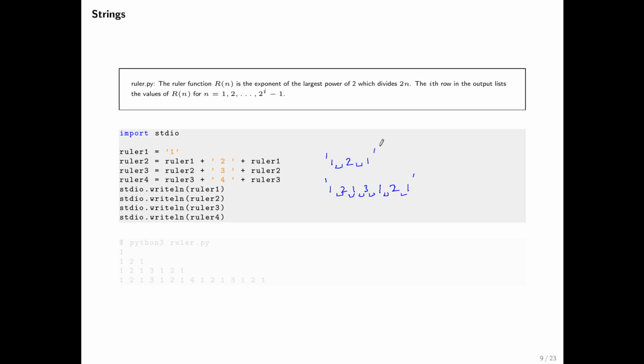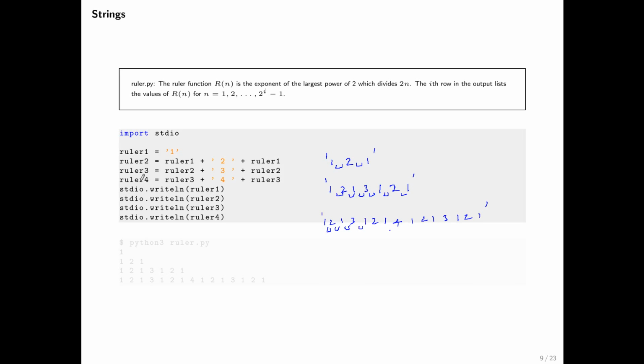So it's basically this guy jammed with this again to give you that. And then we do this once more to define ruler4. That's simply going to be 1 2 1 3 1 2 1 4 1 2 1 3 1 2 1, and all of these are separated by spaces.